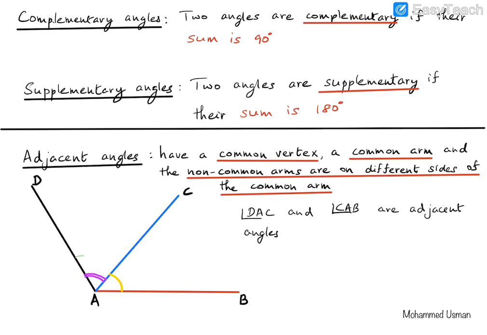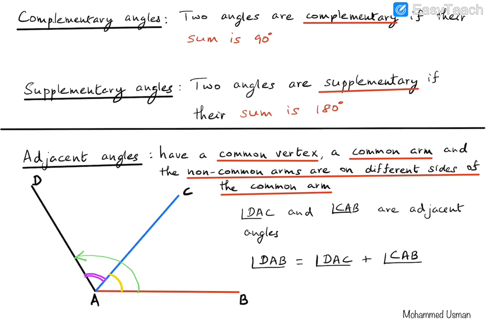So this total angle between the two non-common arms is equal to the sum of the two adjacent angles. So we can write that as angle DAB, which is nothing but this total angle DAB, is the sum of the two adjacent angles, which is angle DAC plus the angle CAB.